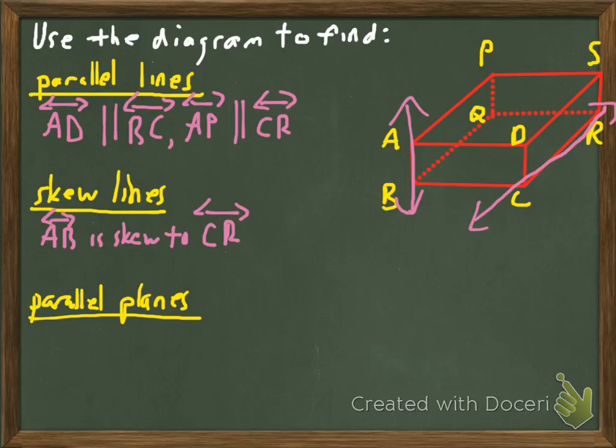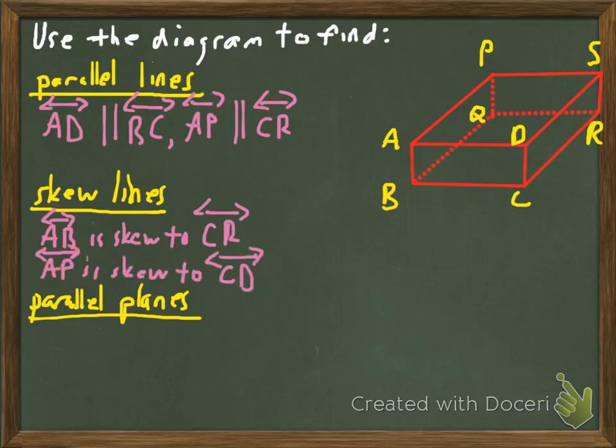How about another pair of skew lines? And let's say we use maybe line AP and line CD. Alright, again, another pair of lines that clearly don't intersect one another, but they're also not coplanar. So, they're skew, not parallel.